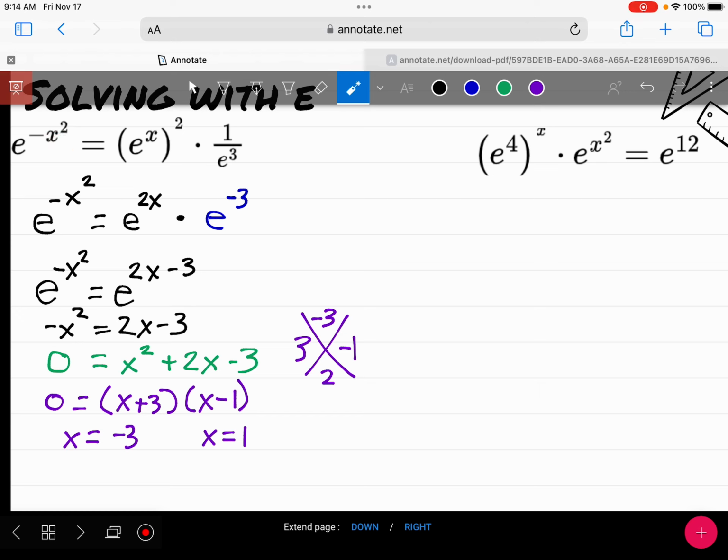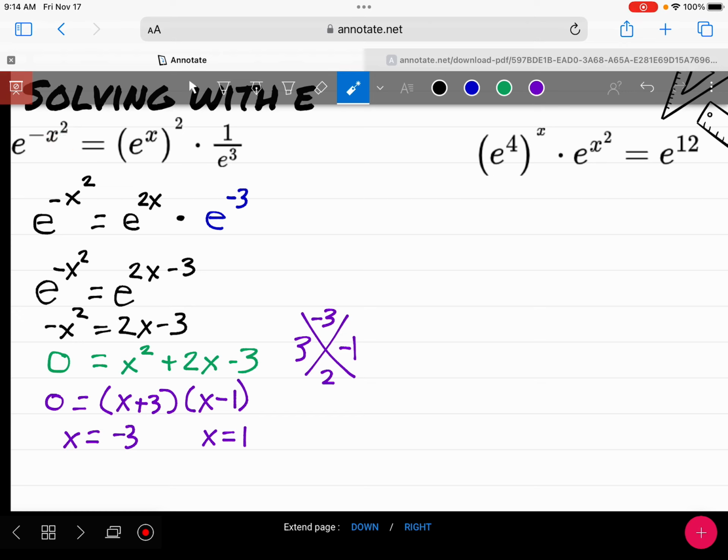So what do we do here? Subtract 12 from both sides. X squared plus 4x minus 12 equals 0. Then what? Factor.